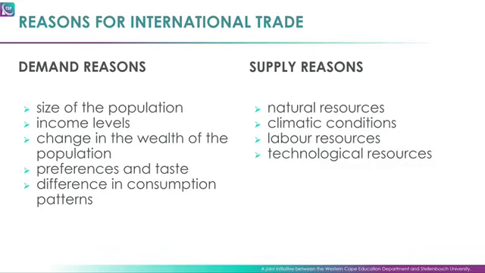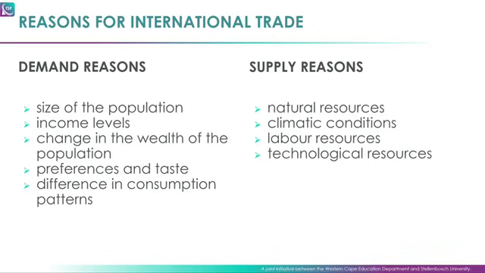And then technological resources. Like I said, some countries have access to technological resources, which also allows them to produce goods and services at a much lower cost. But here, once again, when it comes to technology, I think of a country like Japan, a forerunner with technology.